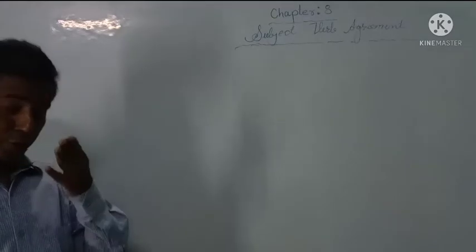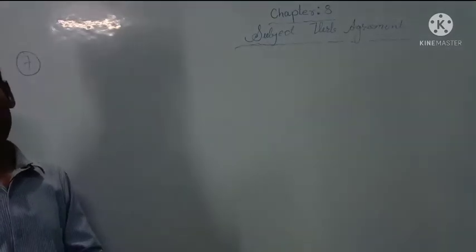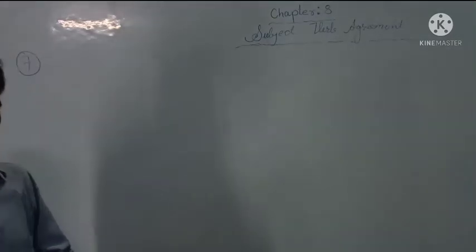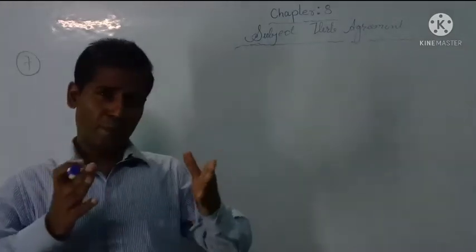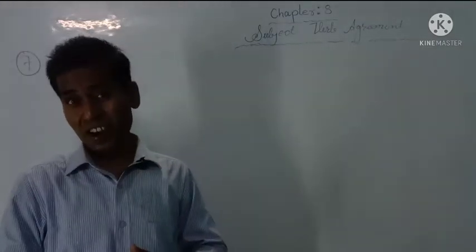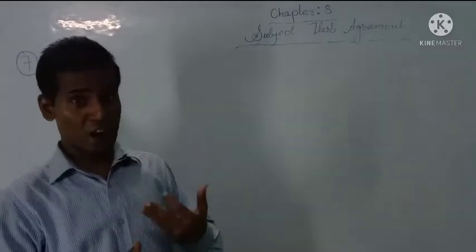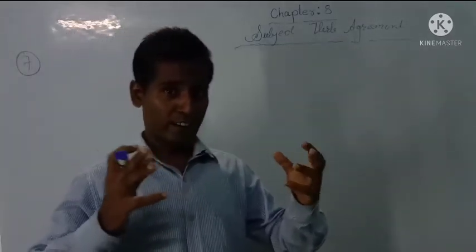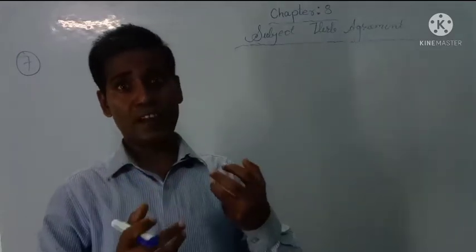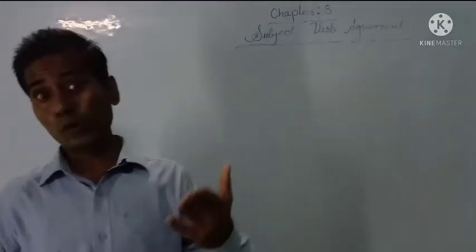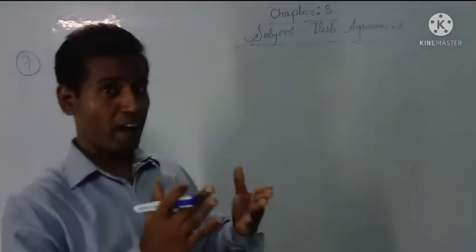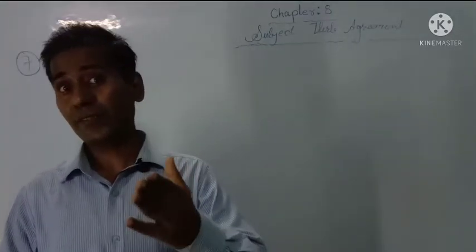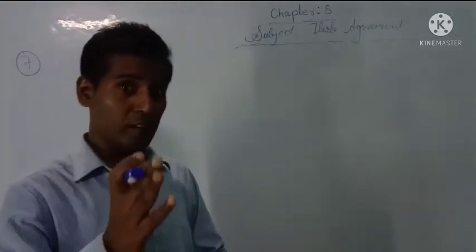Now we'll proceed to rule number 7. All children, in the previous class we learned and discussed that when two or more singular nouns are joined by and, they always agree with a plural verb.